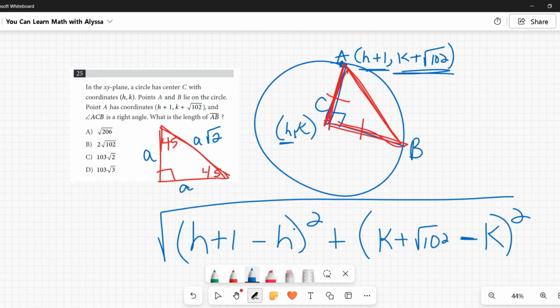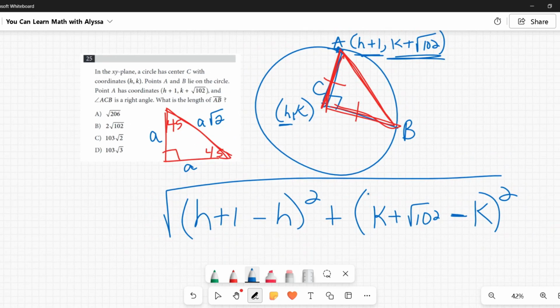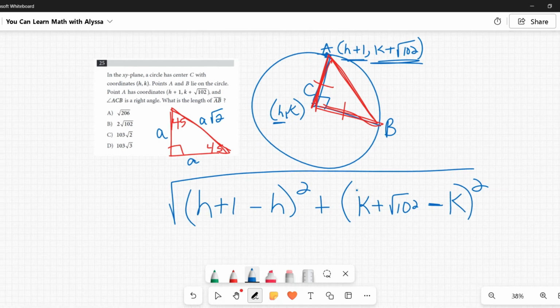Now, it looks messy at first, but those h's and k's are going to disappear. I'm going to be left with just numbers, which is why we're able to have just numbers in our answers.